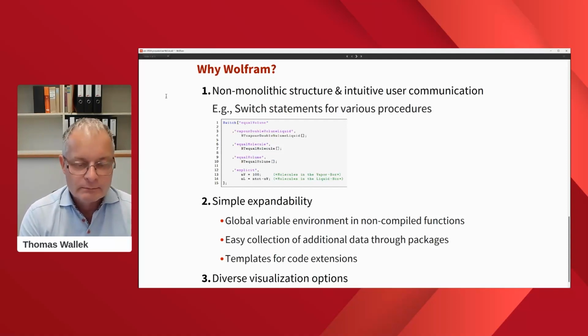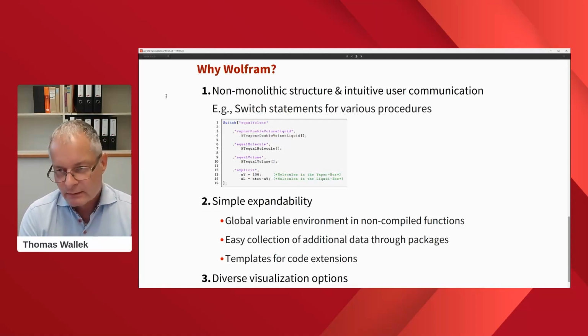And indeed, most open source software packages for Gibbs-Ensemble Monte Carlo simulations are actually implemented as a quite monolithic Fortran or C code, and often communicate with the user in a rudimentary way using just text files. And as a consequence, users are reluctant to change or extend such programs because it takes longer to familiarize themselves with the code than if they were to rewrite the program from scratch.